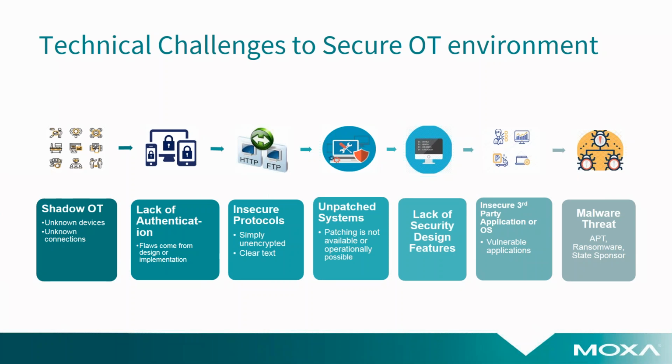Lack of authentication. There was a recent report where the Inspector General of the United States put out a report on traffic cabinets stating that 51% of the audited traffic cabinets across the United States still had the default username and password in place on those devices.